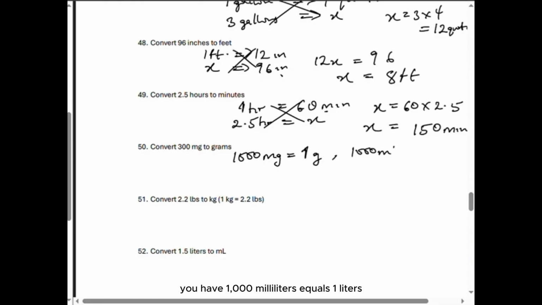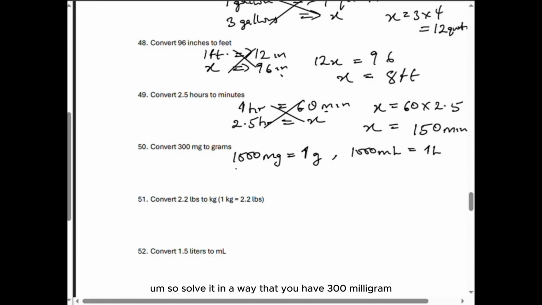Okay, so question 50 says convert 300 milligrams to grams. Anytime you have milligrams or milliliters, know that, for example, 1000 milligrams equals 1 gram. The same way 1000 milliliters equals 1 liter.